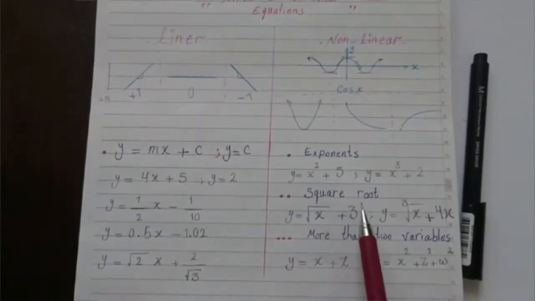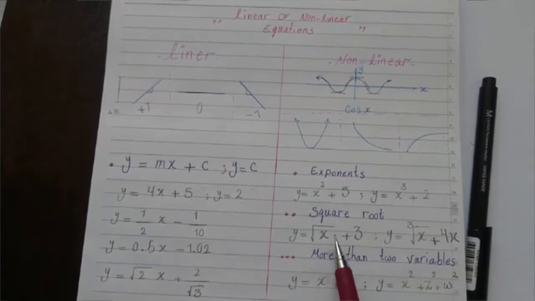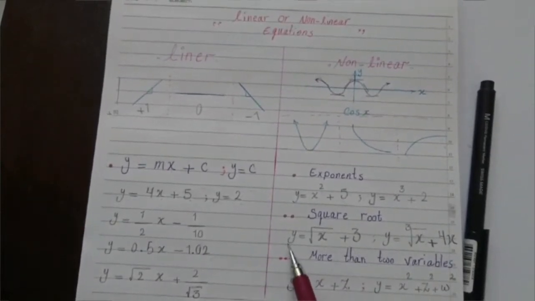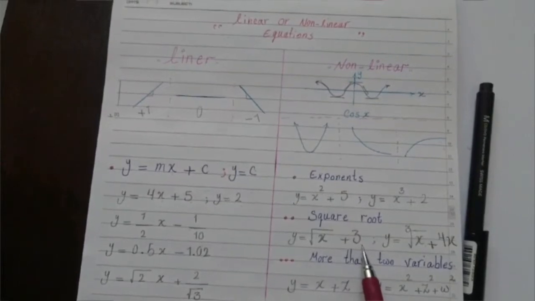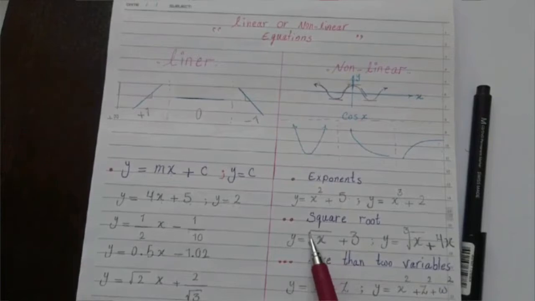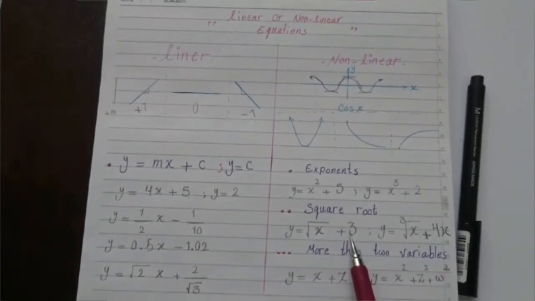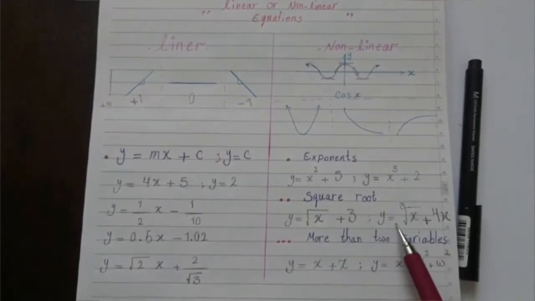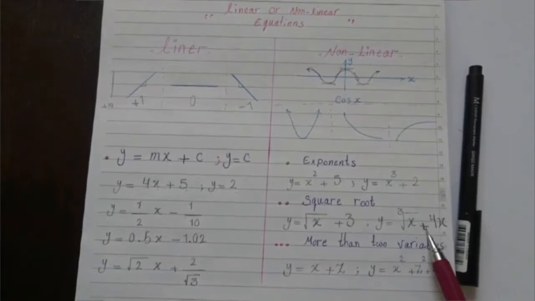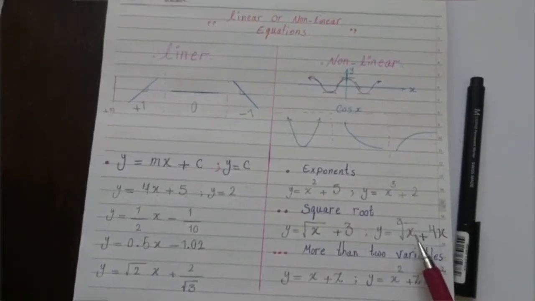If we have a square root, cube root, or any kind of root of our variable, the equation will definitely be nonlinear. For instance, y is equal to the square root of x plus 3, or y is equal to the cube root of x plus 4 times x.